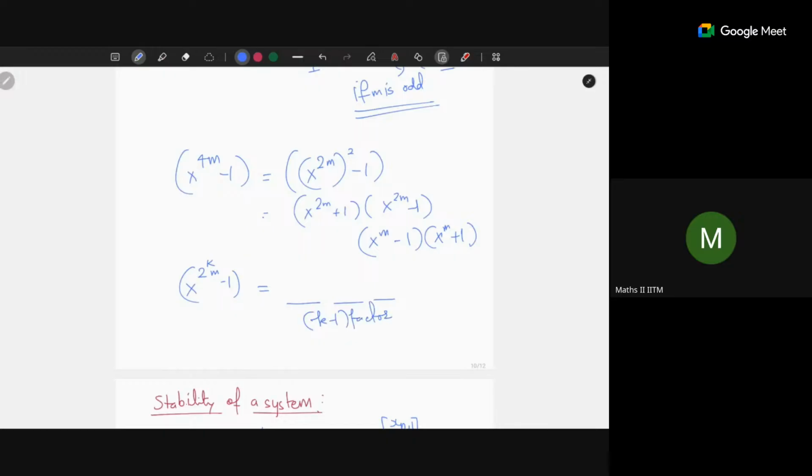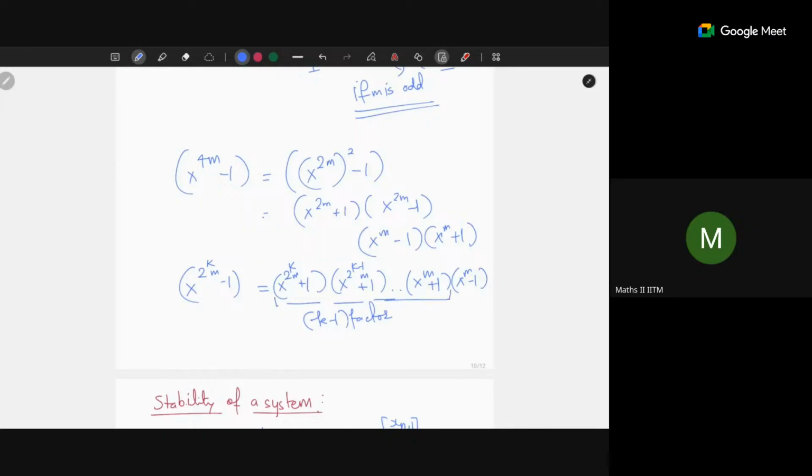When I say factor, I mean I'm breaking it over R, considering my field is R. I'm working in R, thinking that my x is a real number. So first it will be x to the 2k m plus 1, and then x to the 2k minus 1 m plus 1, and so on up to x to the 2m plus 1 and x to the m minus 1.